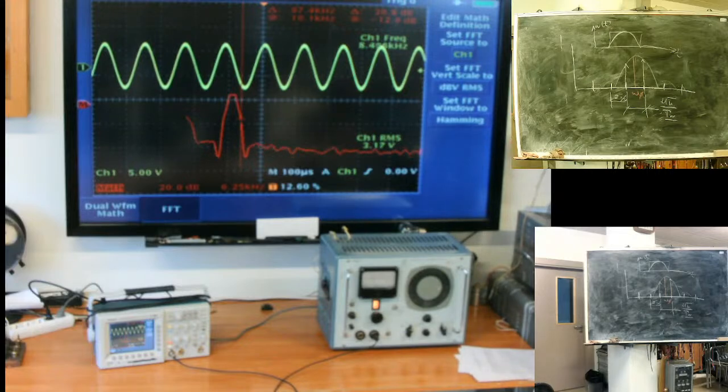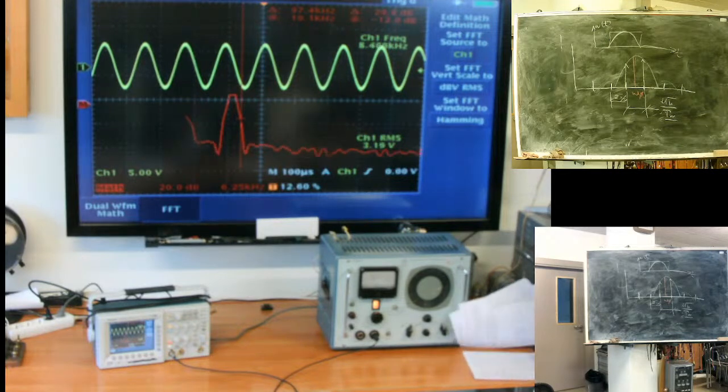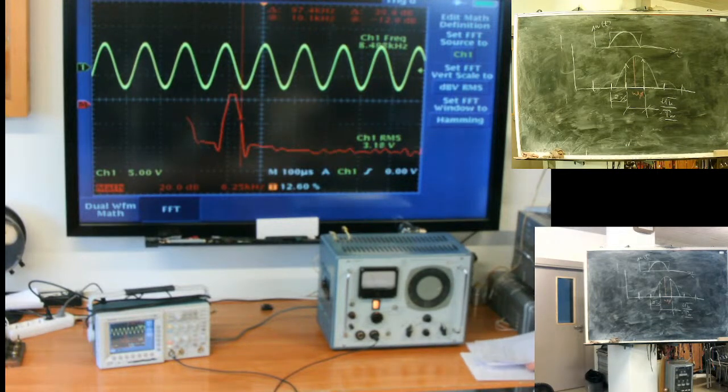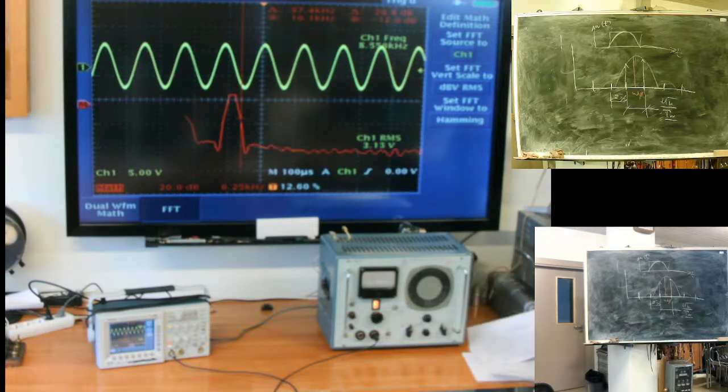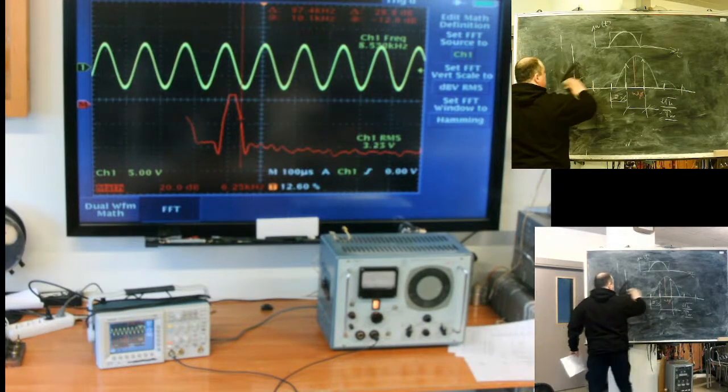Hamming. What does it mean? Where is my table? Hamming, where are you? Oh, here it is. Now, the windowing function.